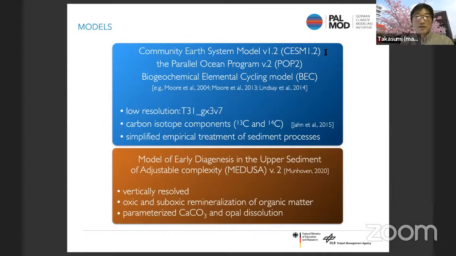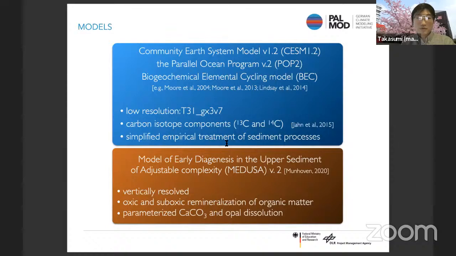We used CESM 1.2 with a prognostic carbon cycle, also with the carbon isotope package by Yang et al. This model already has an empirical treatment of sediment processes, and we used the low resolution setting like this.